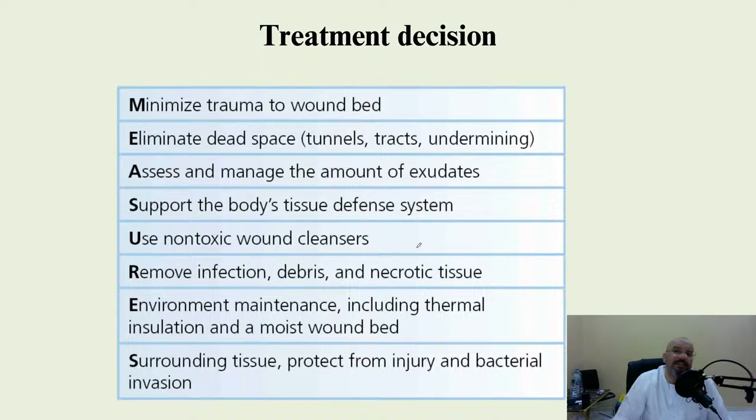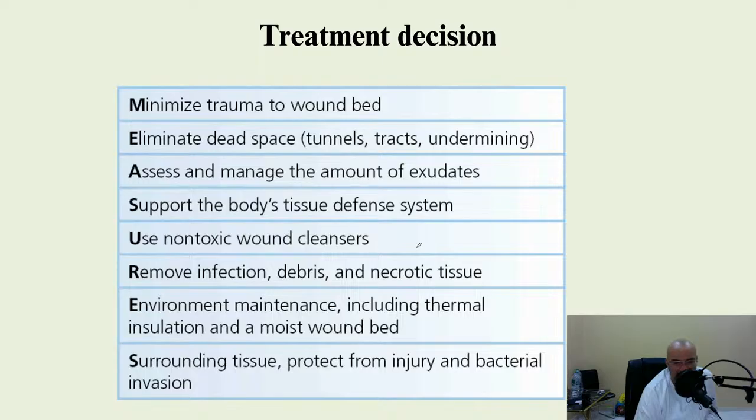The treatment decision that we will use, we would like to think in terms of products that will minimize the trauma to the wound bed, eliminate the dead cells and dead space, assess and manage the amount of exudate, support the tissue defense mechanisms, and of course we are going for less toxicity in the wound cleansers.